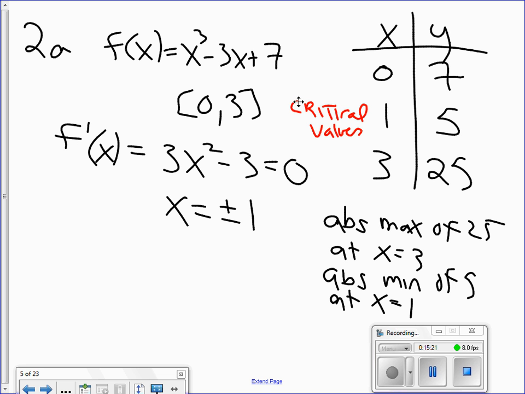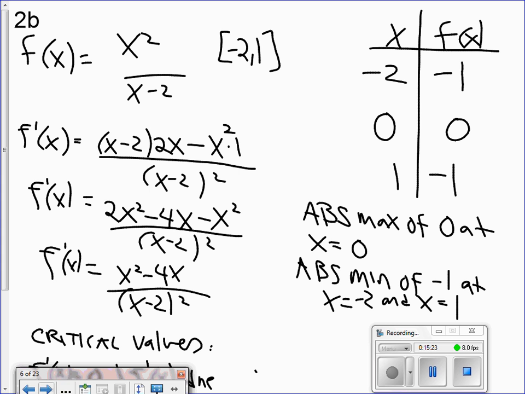Now we go on to 2b. It's the same thing, only this time the function is rational. But the idea is the same. You're going to need to know the y coordinates at the endpoints and at the critical values. So you have to get the derivative, quotient rule, clean it up.